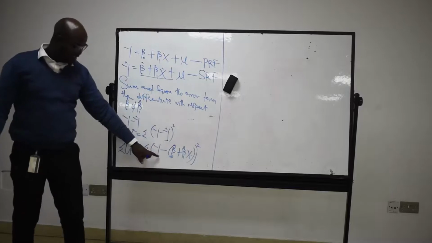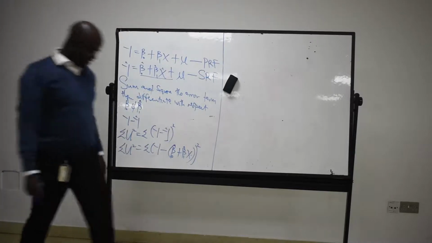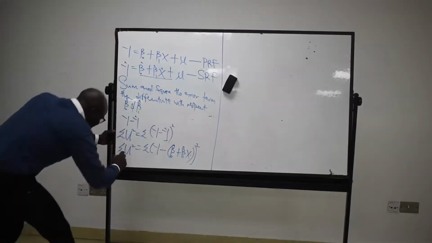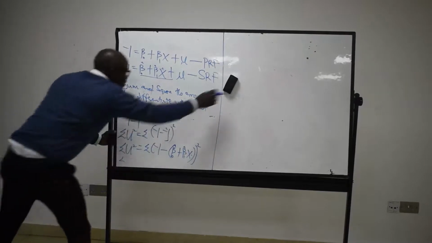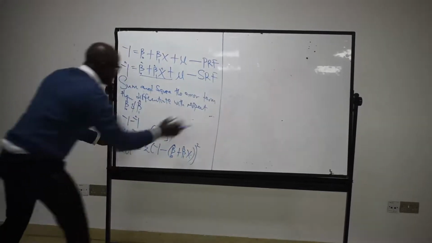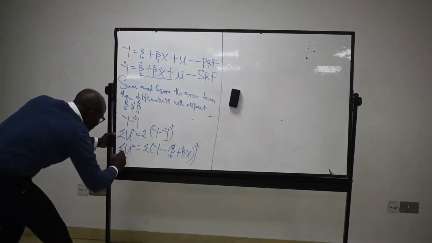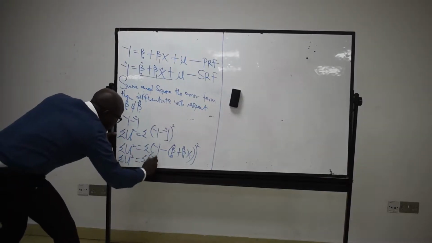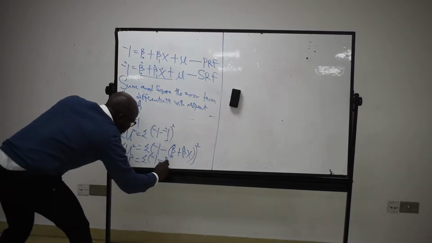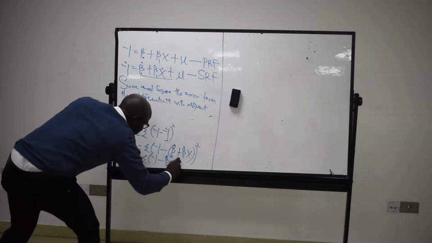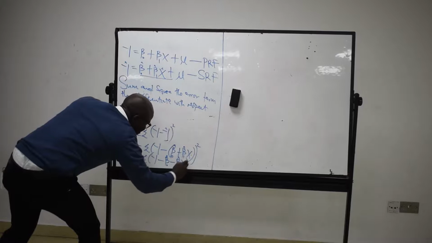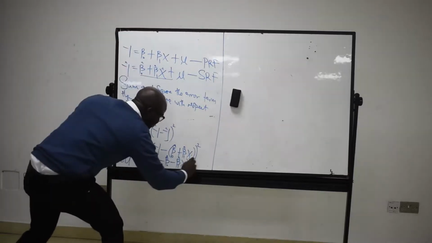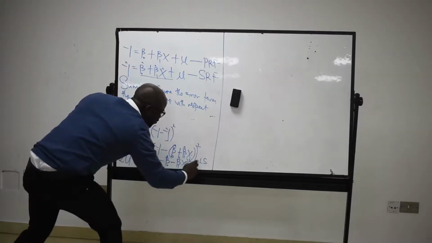So now let's expand this bracket with this sign. I can also rewrite this as summation of y minus beta naught cap minus beta 1 cap x, squared. Class, what we have here is known as the OLS criterion.